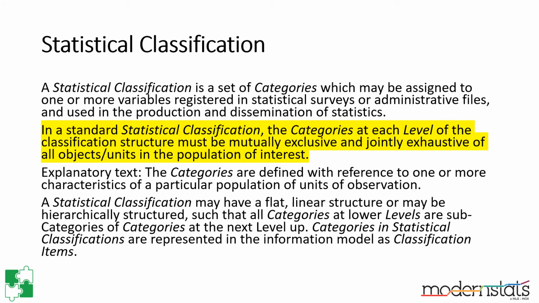And here's the statistical classification, and there's a lot of text. I won't read it, but the main thing in a statistical classification is that in a standard statistical classification, the categories at each level of the classification structure must be mutually exclusive and jointly exhaustive of all objects or units in the population of interest.